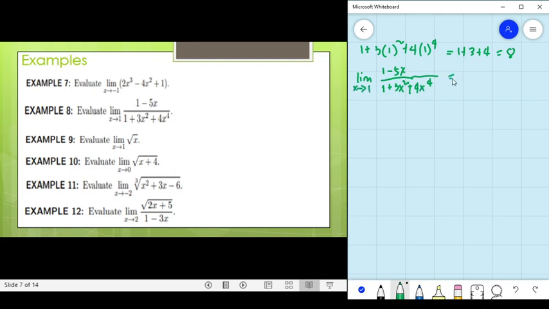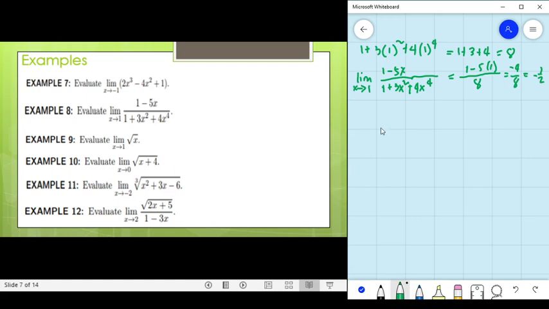The numerator is similar to 1 minus 5 times 1 and the denominator is 8. So 1 minus 5 is -4 over 8. Then the answer is -1/2. So the limit for number 8 is equal to -1/2.